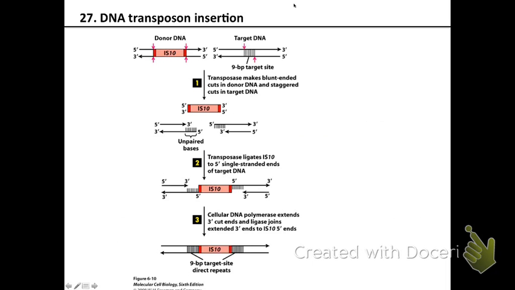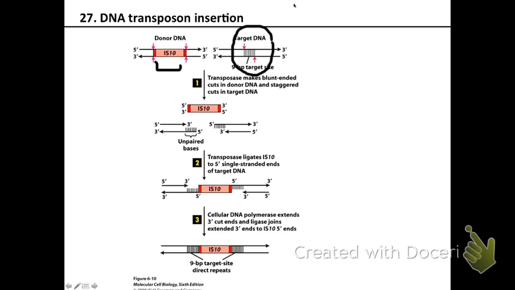What you have here is your transposon at the donor location, so it's in the original location, and you have a target DNA. Okay, the first thing that happens is the transposase, that enzyme that's encoded from the transposon, makes a cut at the target site that is staggered.